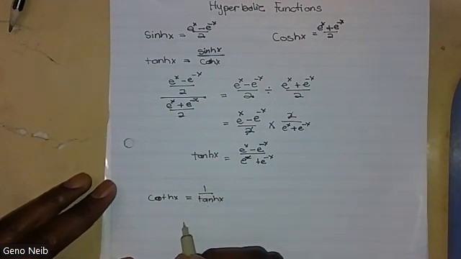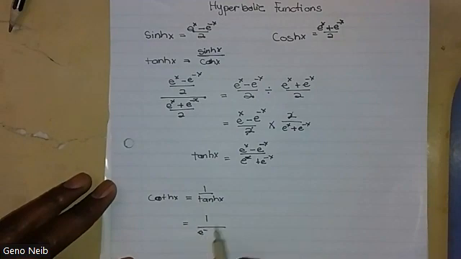From that, this equals e to the x plus e to the negative x divided by e to the x minus e to the negative x.